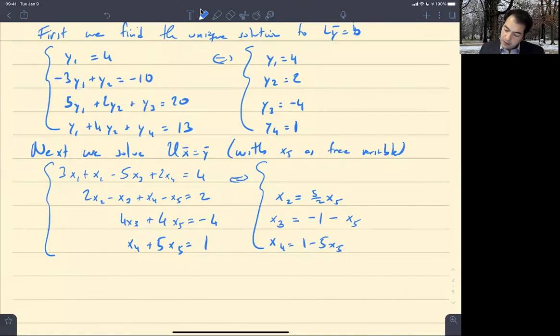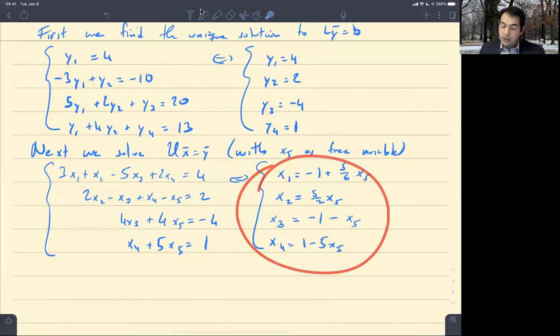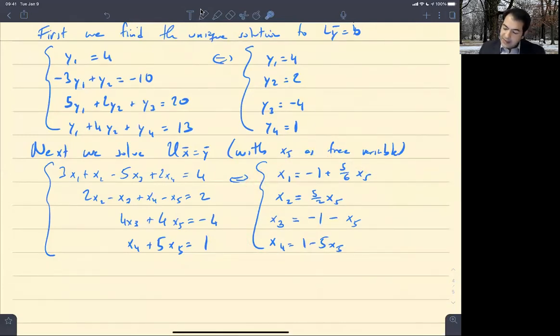And then from here, I know that x1 is equal to -1 plus 5/6 x5. And there we go. This is the solution to the original system, Ax equal to b. x5 is a free variable, so it's allowed to be any real number.